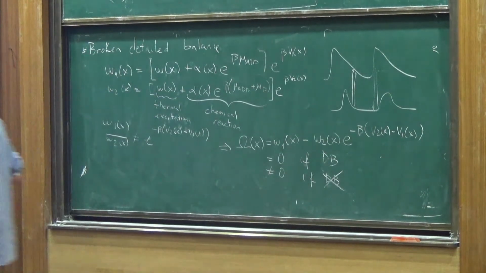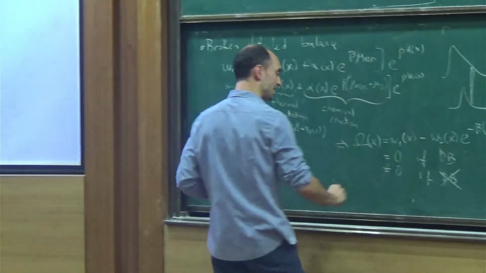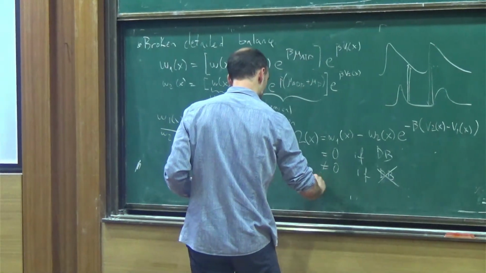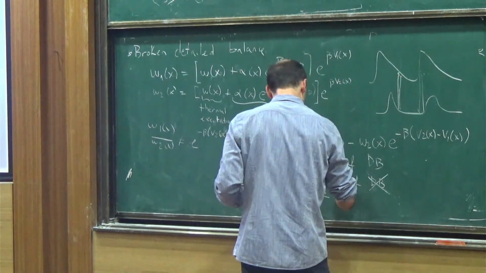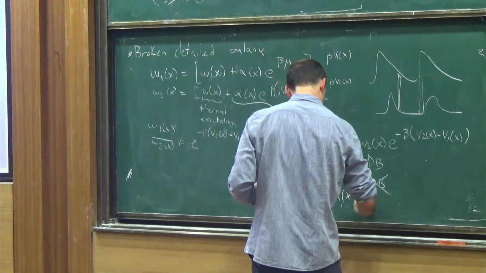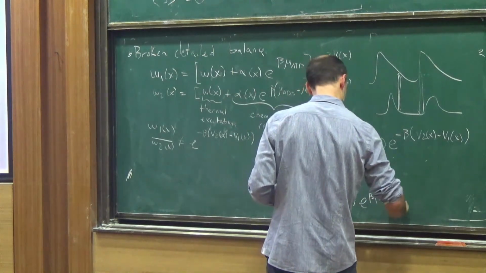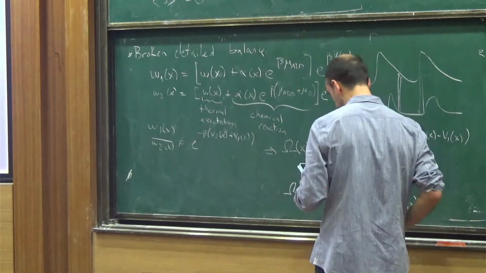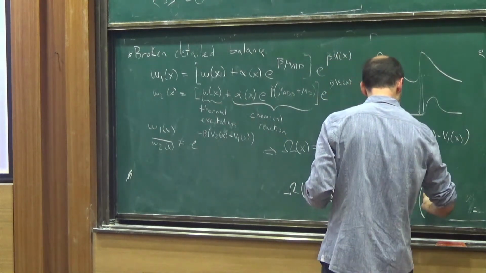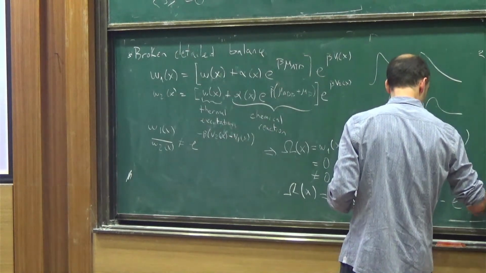Right? So, in particular, for this model that I show here, omega(x) is equal, you can do the calculation in one line, alpha(x) e to the beta (V1(x) plus mu ATP) times, and here comes the interesting part, 1 minus e to the minus beta delta mu.